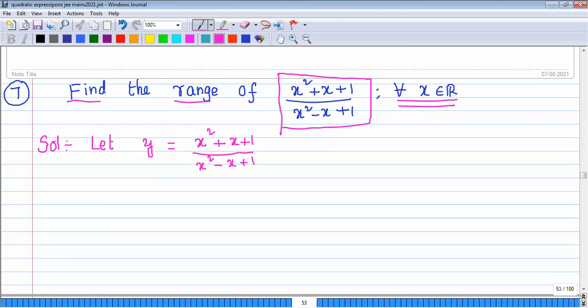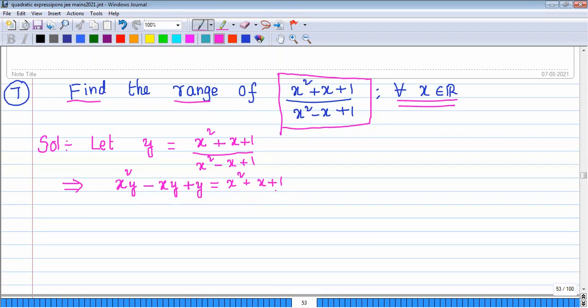By cross multiplication, if you multiply y with x square minus x plus 1, we get x square y minus xy plus y equals x square plus x plus 1.